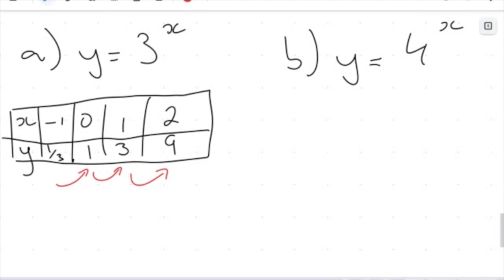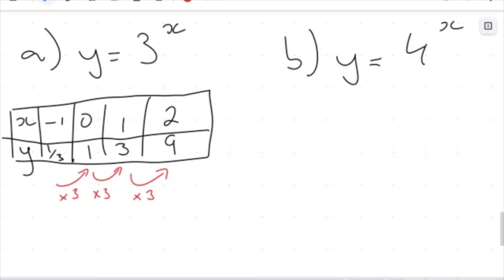Going from 1/3 to 1, well, 3/3 make up 1 whole. So to get from 1/3 to 1, we can multiply by 3. To get from 1 to 3, we can multiply by 3. To get from 3 to 9, we can multiply by 3. So we see this tripling happening, where each of these values in the y are still going up at a pretty quick rate, but they are tripling now instead of doubling.